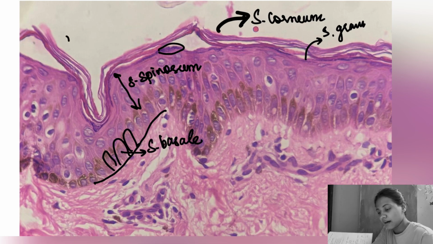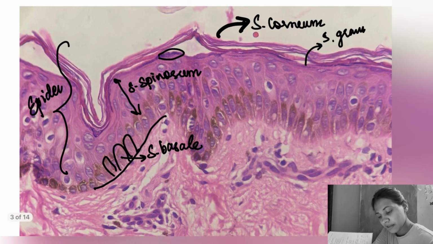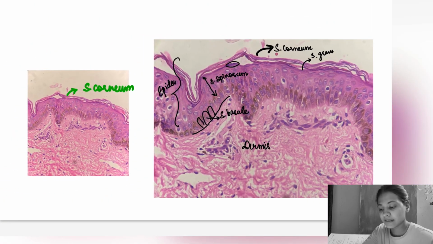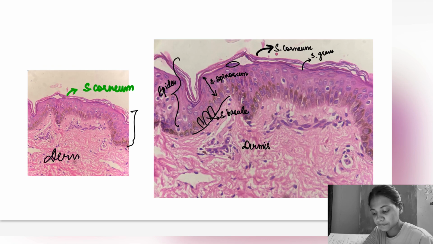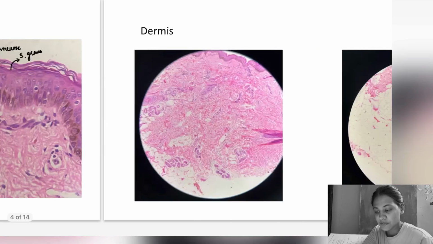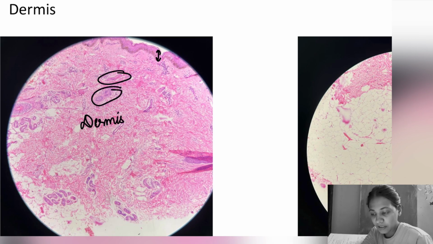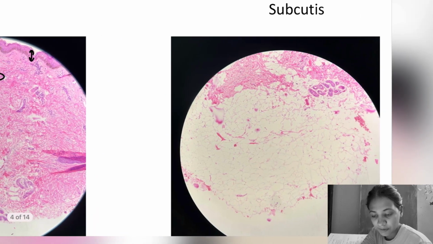So these are the components of the epidermis, followed by dermis and subcutis. Whenever we get a punch biopsy from the skin, that is what we see. So this is the epidermis and this is the dermis. The epidermis is followed by the dermis, which will have blood vessels and other stroma, and after the dermis we see the subcutis, which is the subcutaneous tissue.